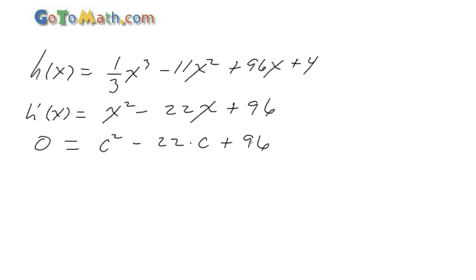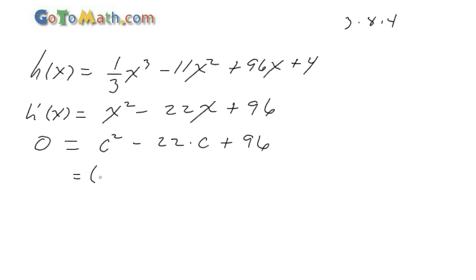So we want to factor this, and I'm going to do a little side work up here. 96. Let's see, what do we got? 3 times 8 times 4, that's 32. 16. Okay, I think I might have figured it out.